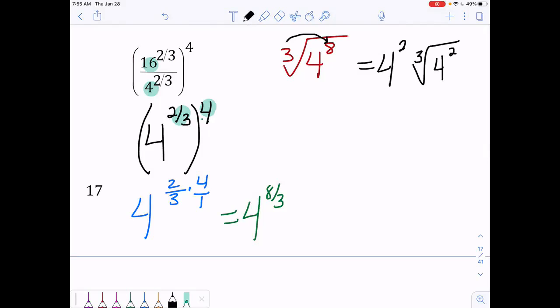There's still 2 4s left over. So 3 goes into 8 2 times with a remainder of 2. That 4 squared is our remainder inside. So Ella, 4 squared in the front, we can change to 16. Underneath, we're also going to take 4 squared and make it 16.